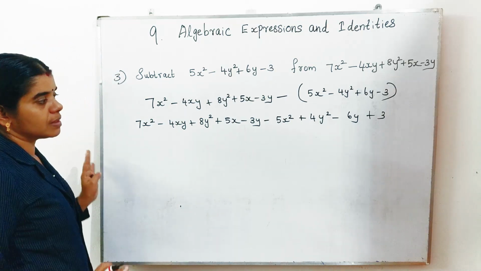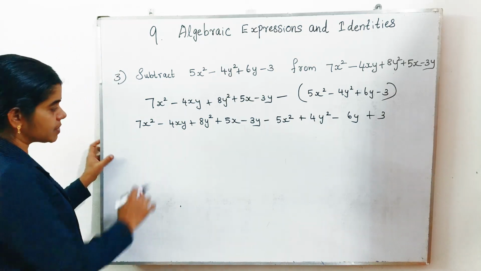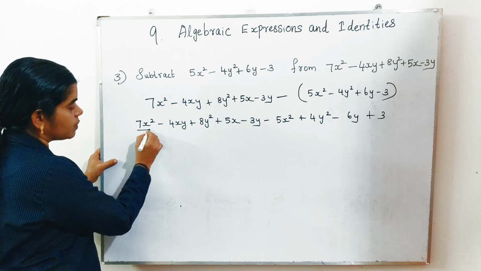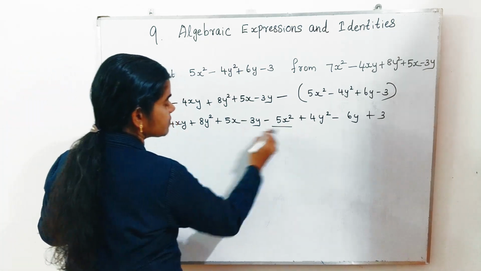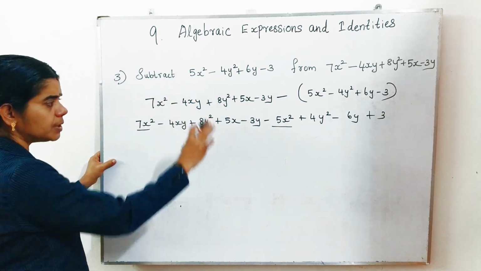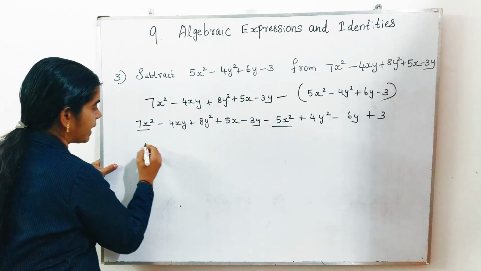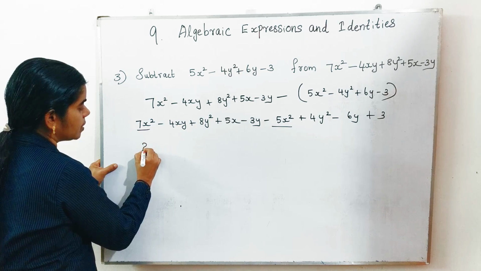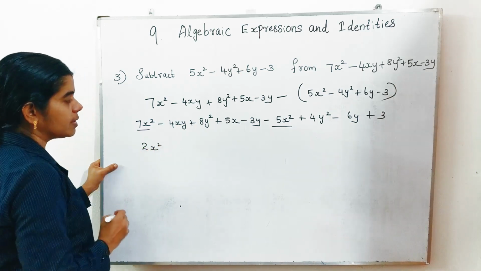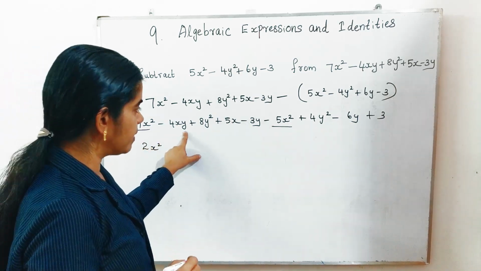Now you can look at the like terms. Here 7x square. Where is the x square term? Minus 5x square. No other x square terms. So 7 minus 5 you will get 2. 2x square. Then minus 4xy.